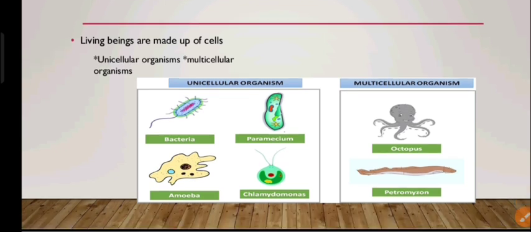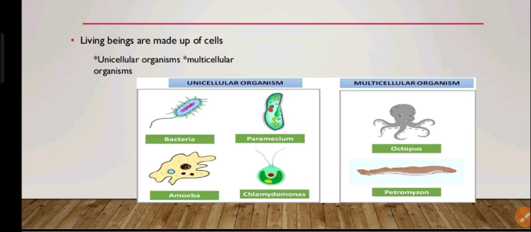The first characteristic is that living beings are made up of cells. Then what is a cell? A cell is the smallest basic unit of life that is responsible for life processes.